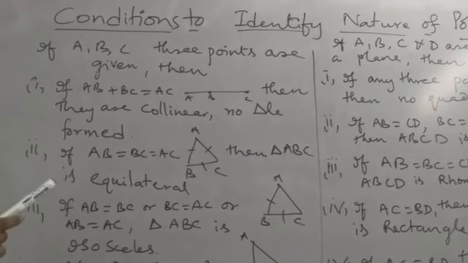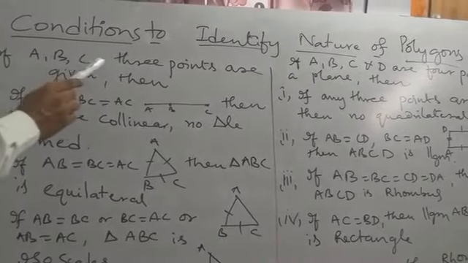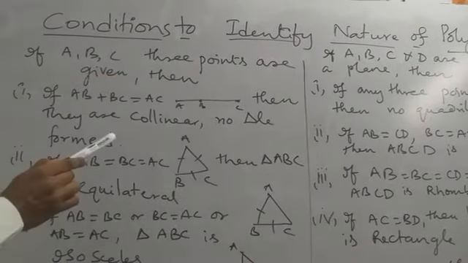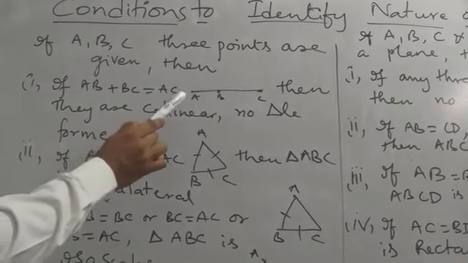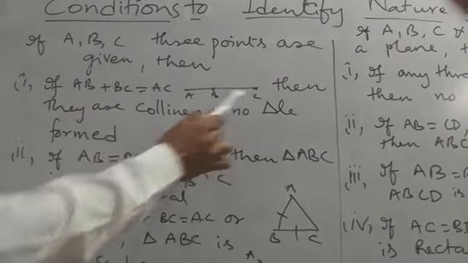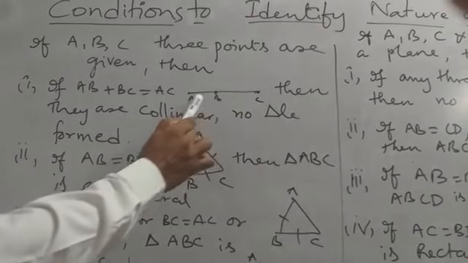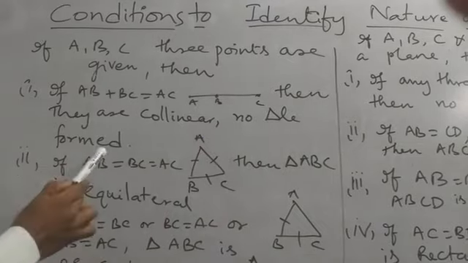Let us discuss conditions to identify the nature of polygons. If 3 points A, B, C are given and AB plus BC is equal to AC, as we discussed earlier, then the 3 points are collinear. The 3 points lie on the same line, so the triangle is not formed.